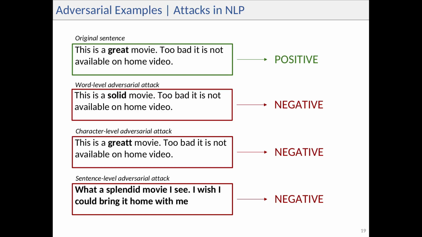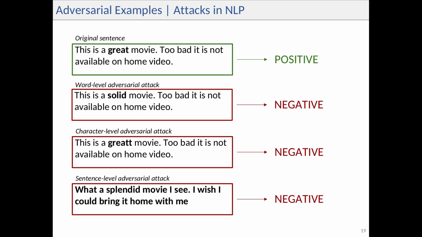Somehow it exploits a statistical correlation that was learned by the model, and now the model says negative. So it was actually successful at fooling the model. In the same way, we can see a character-level attack where "great" has a second instance of T, which again, as an out-of-vocabulary word, fools the model. And then we have sentence-level adversarial attacks.